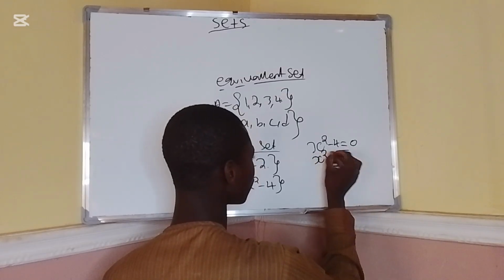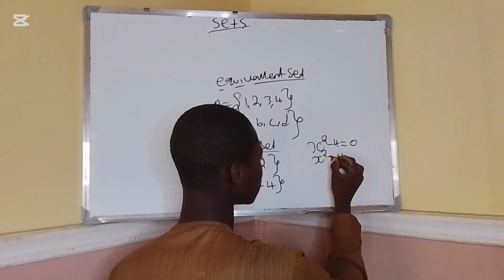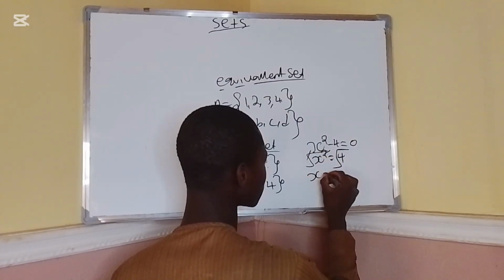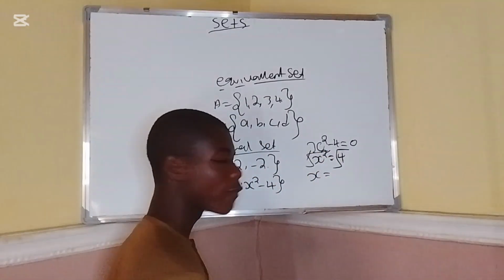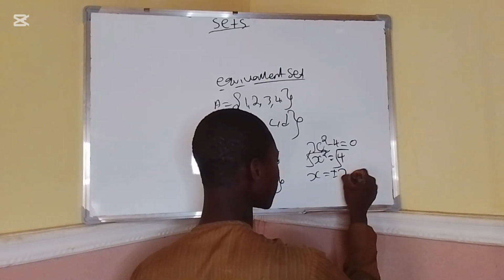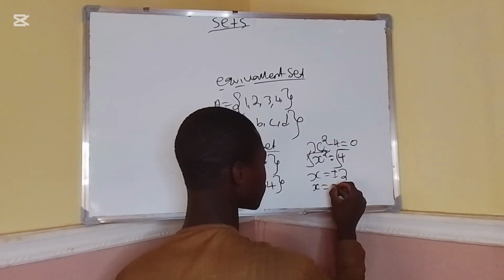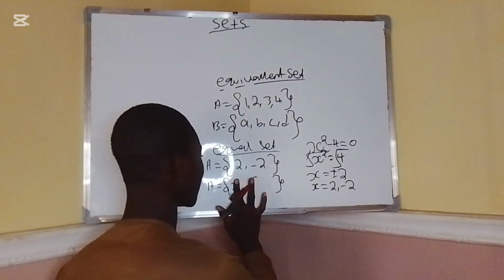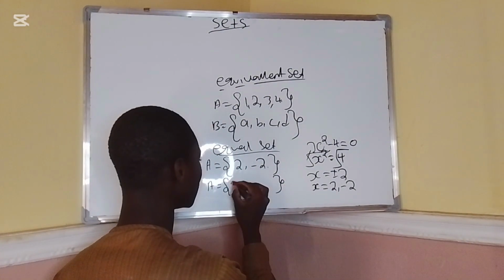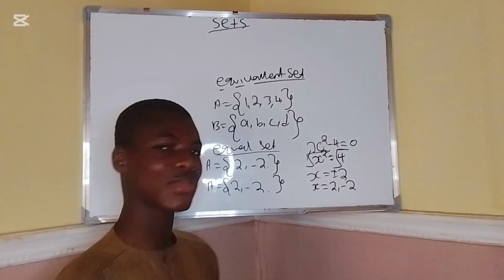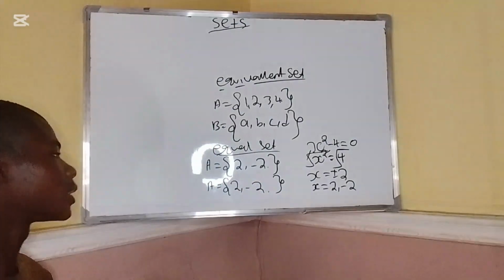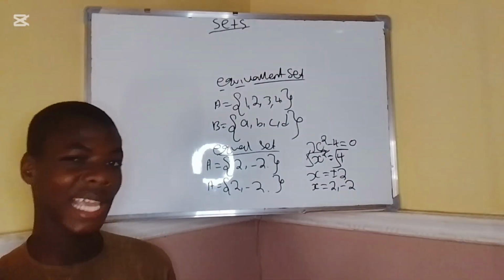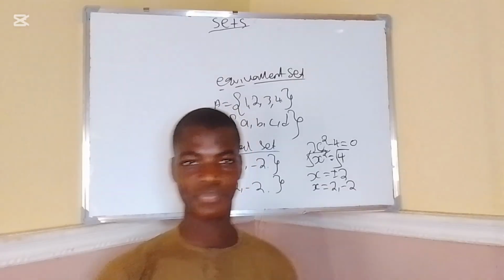If I take the root of both sides, the square will cancel the square. x equals the square root of 4, which is 2, and therefore it is plus or minus 2. So x equals positive 2 and negative 2. So this is what we call the equal set, because the number and the elements are the same.